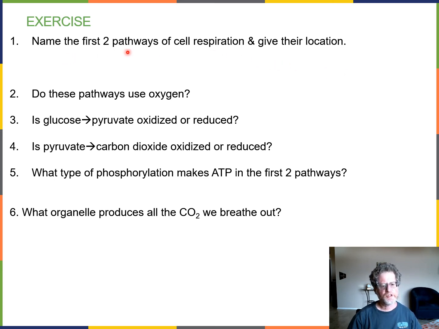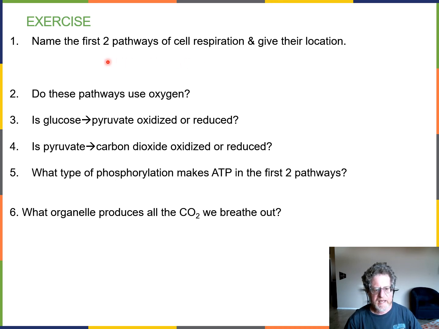All right, first 2 pathways of cell respiration. The first pathway is glycolysis, and it's located outside the mitochondria in the cytosol of the cell. The cytosol is the liquid part of the cytoplasm.